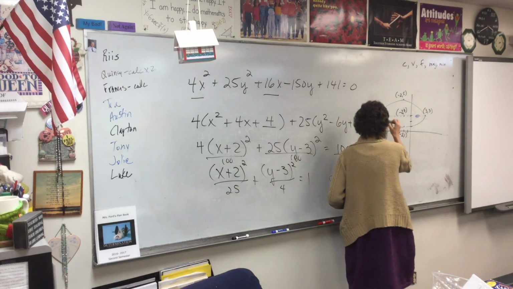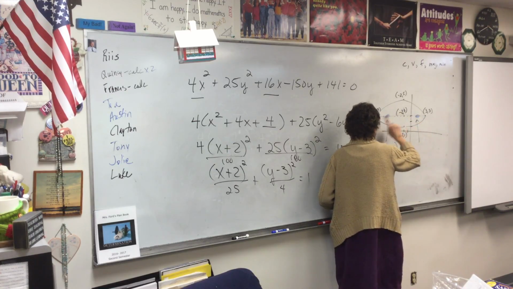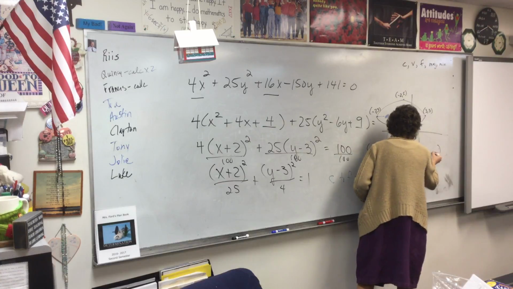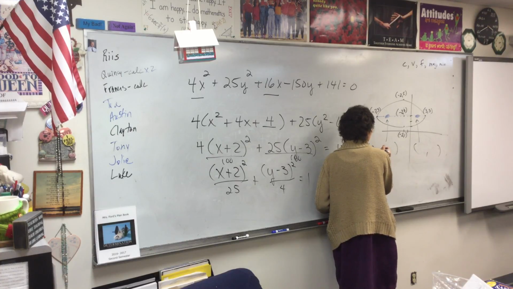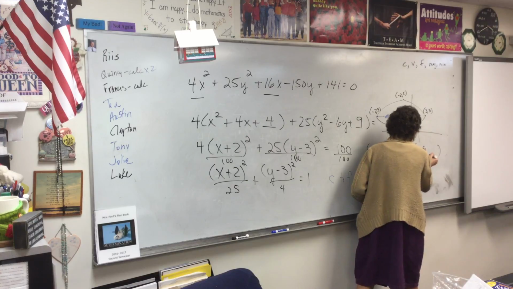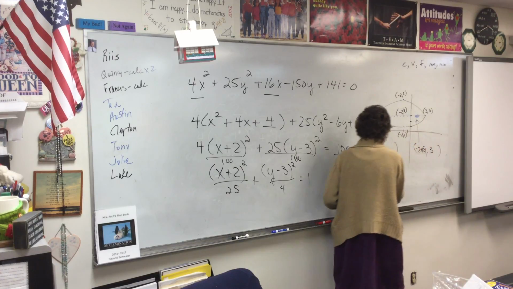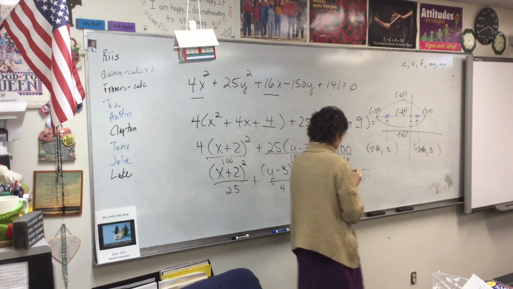So what are the coordinates of these points right here? I'm going back and forth, root 21. So those points would be negative 2 plus root 21, comma 3. Yep, that's it.